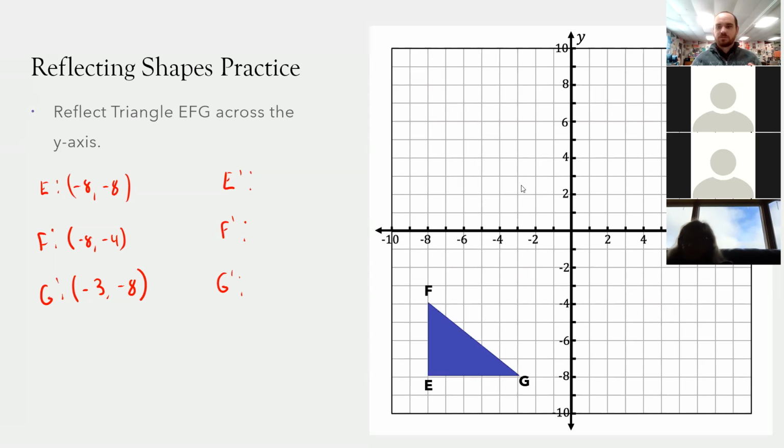Brennan, those all look good. Aiden, that is good for the G prime. I didn't see, did you already do E and F? Pamela, those are all good for just the y. Aiden, that's good for E. And that is good for F.